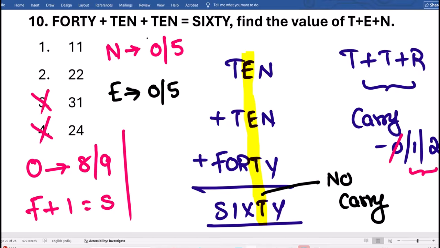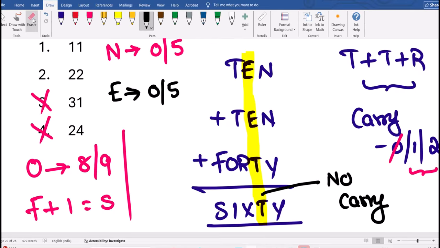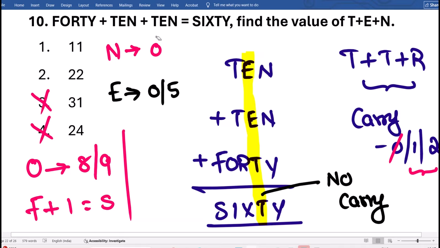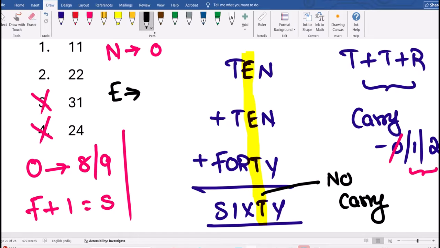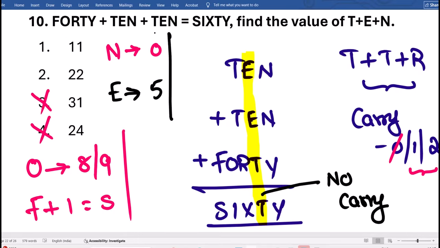If N is 0, E must be 5 here. That I can say. If N is 0, E must be equal to 5. I'm telling, if N is 0.